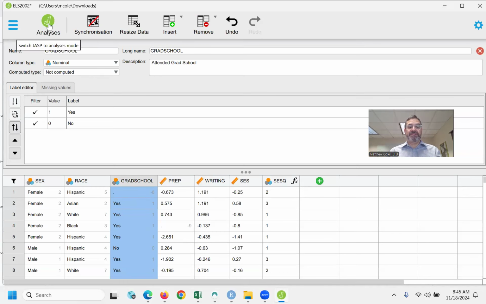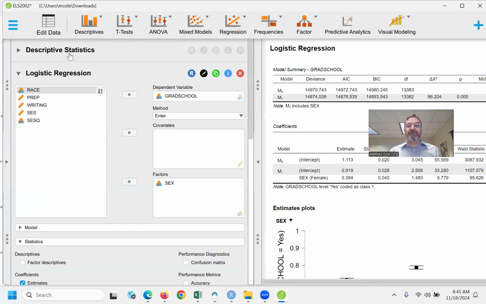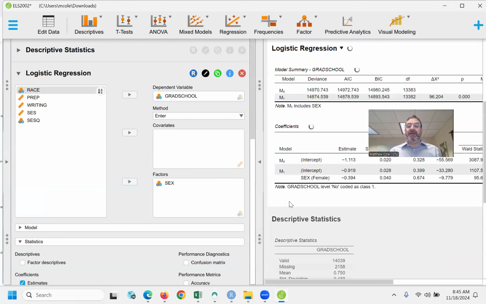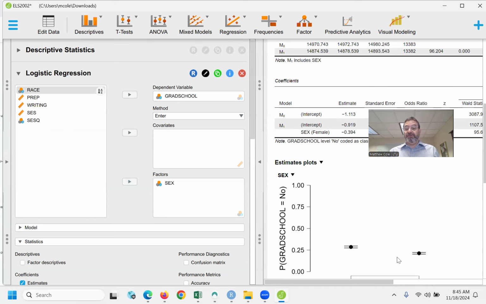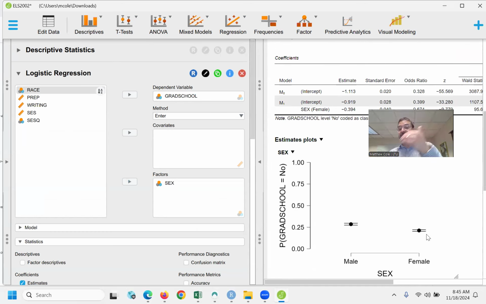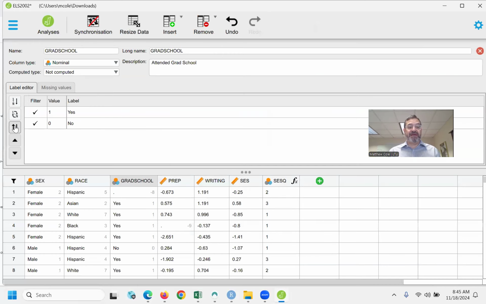Since we just flipped it, it's going to be the odds of not attending graduate school versus attending. Now we have a negative, right? You're less likely to not attend graduate school if you're a female than you are a male. The flip of that is you're more likely to attend graduate school if you are a female than you are a male. All right, so let's go back and fix that.